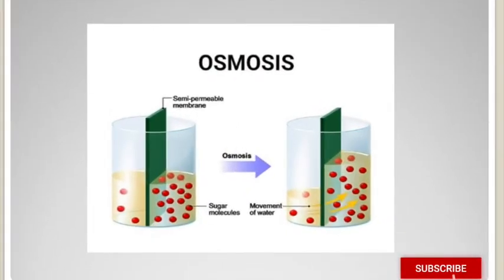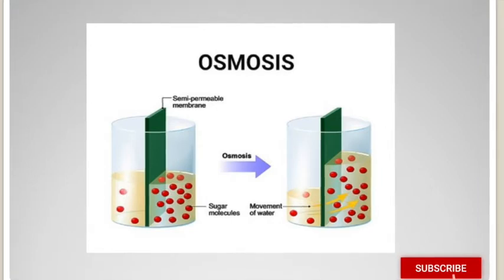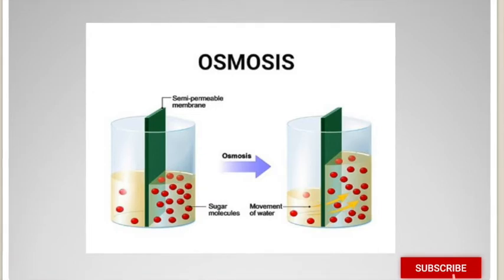Now, the next slide that we have on the screen is showing us the process of osmosis in a chart. So let's explain how the process takes place. When you look at the diagram on the left hand with an arrow in the middle pointing towards the right hand on your screen, what is on the left hand?